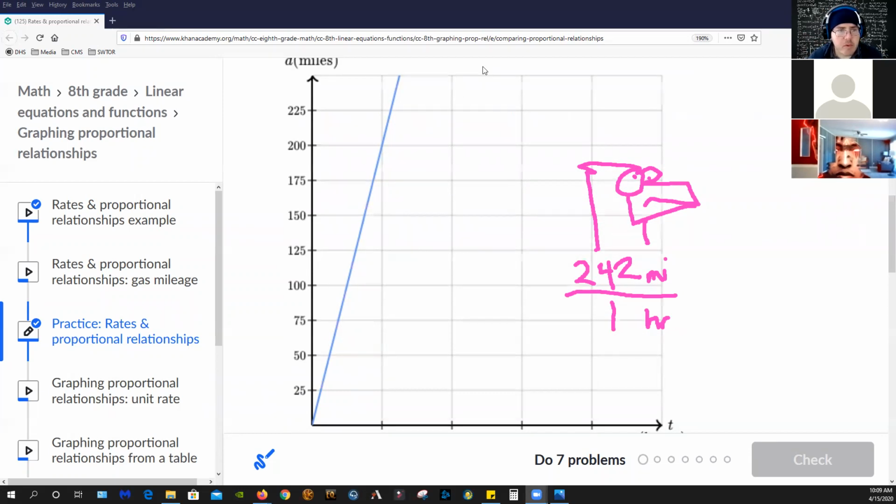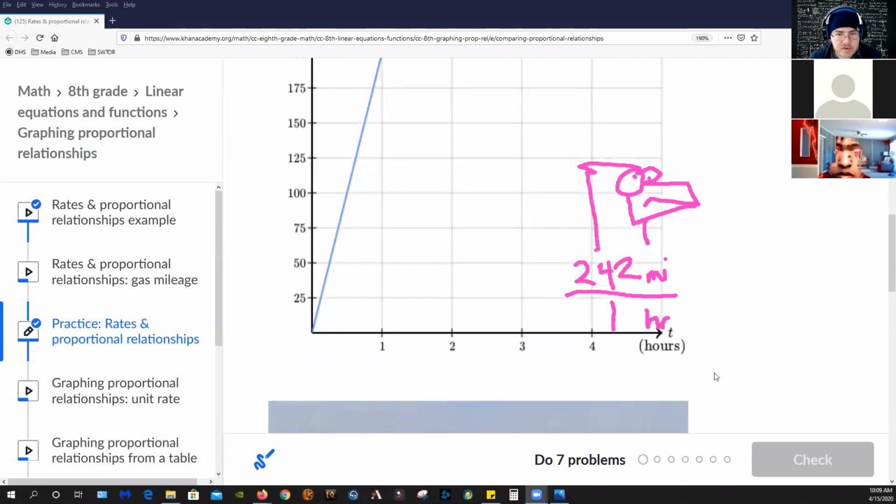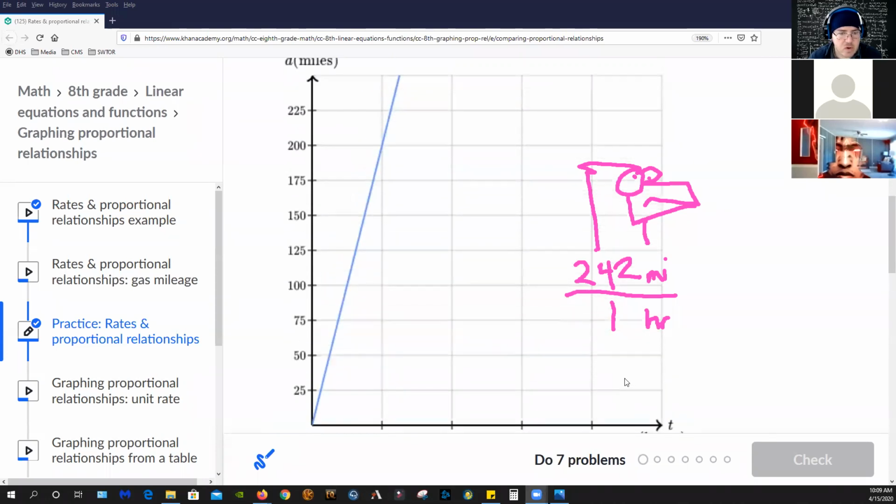So I guess there's a number of ways to do this, but I just feel like graphing the falcon. So are these hours in the bottom? Yep, these are hours along the x-axis. So at 1 hour, the peregrine falcon would be 242. Huh. Well, check out this graph.